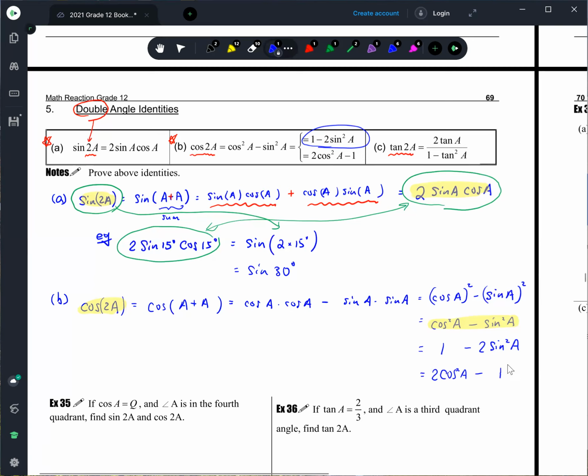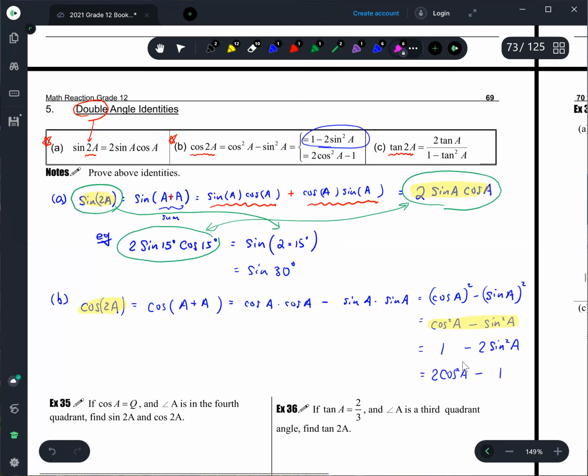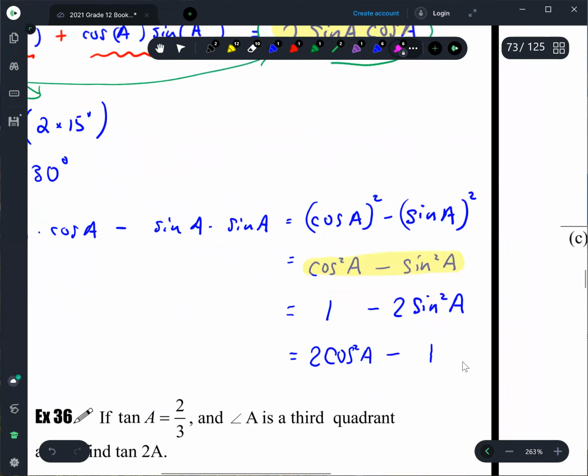All right, so let's look at the two extra ones. How do you remember them? You can use the cosine square minus sine square. Cosine square is "coco". Minus means change, sine. So you see the sine square is at the back. So you have sine square at the back.